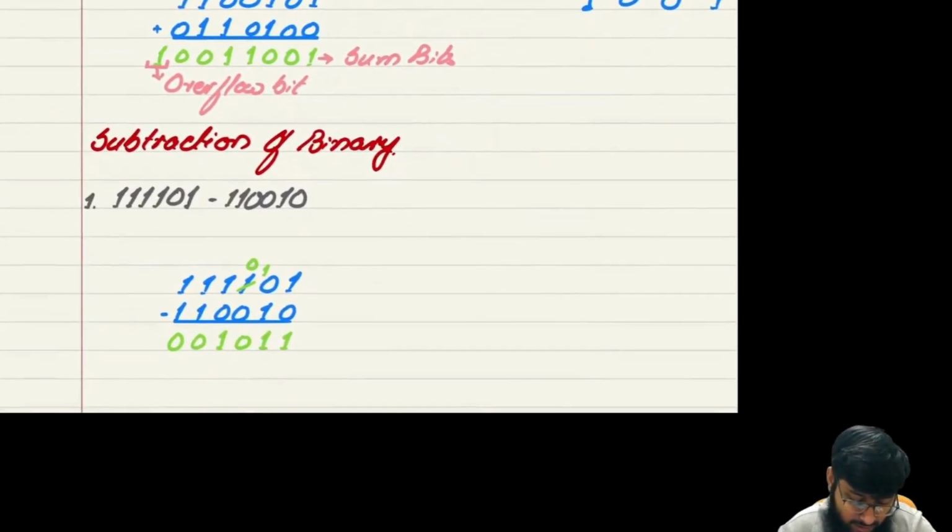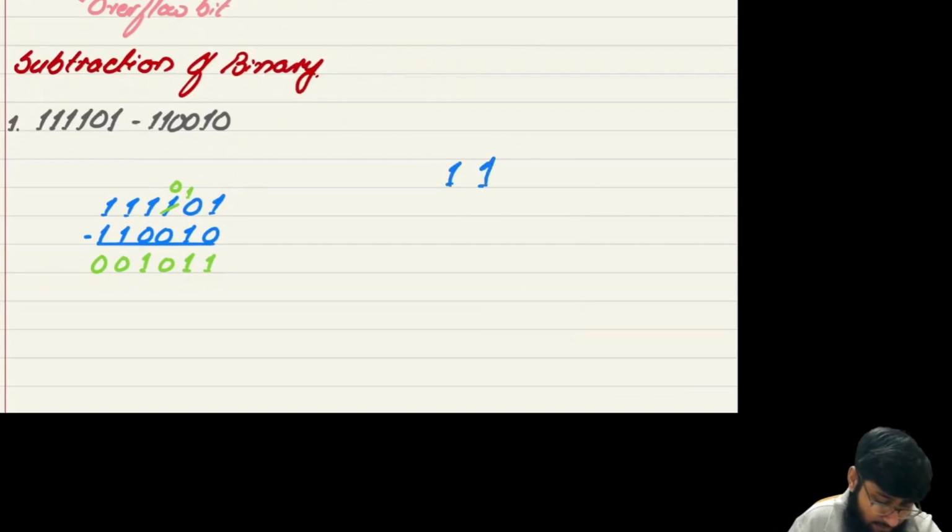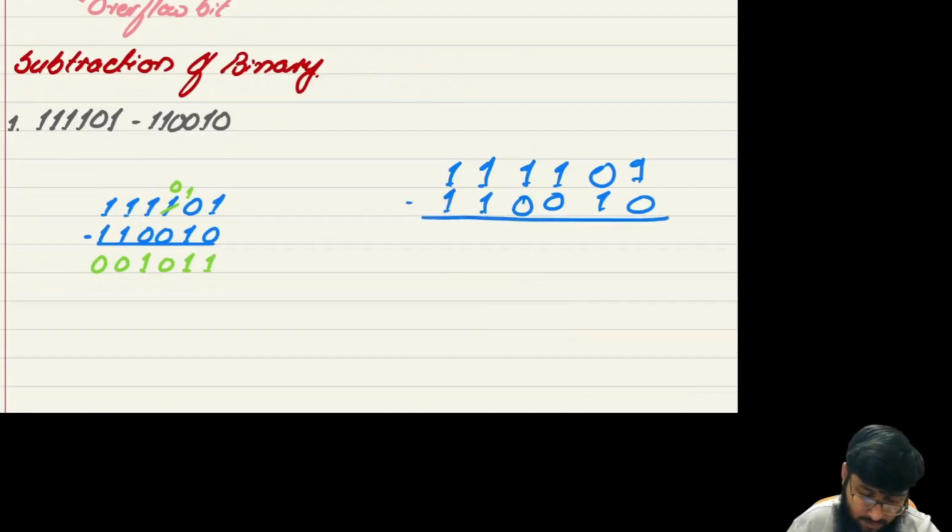Coming towards the subtraction, how are we going to perform the subtraction? So again, let me do it for you guys. It's 1 0 1, then we do have a 0 1 0 0 1. Okay, so once subtracted by 0, we will be getting a 1 0.